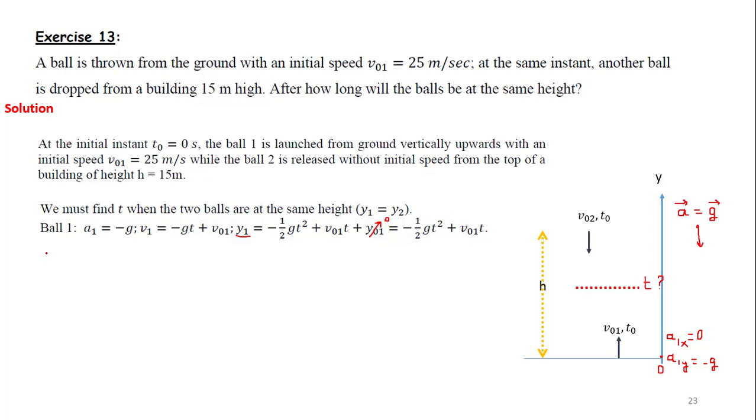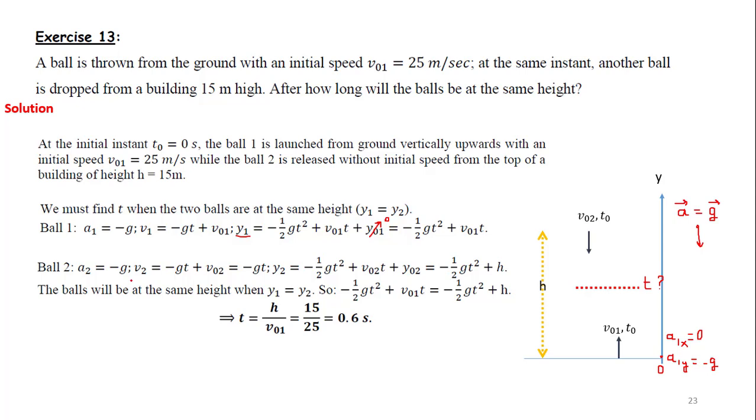Similarly, let's find for ball 2 the equation relating y2 with time t. We will start similarly. a2 is equal to minus g. v2 is equal to minus gt plus v02. Here v02 is equal to 0 because ball 2 is dropped.